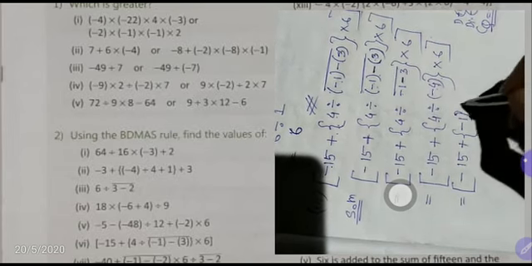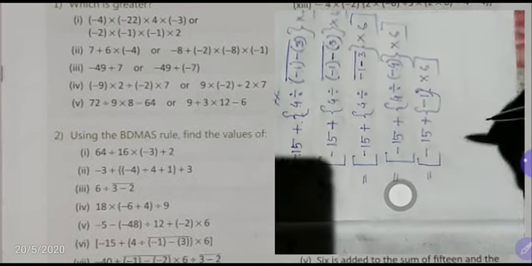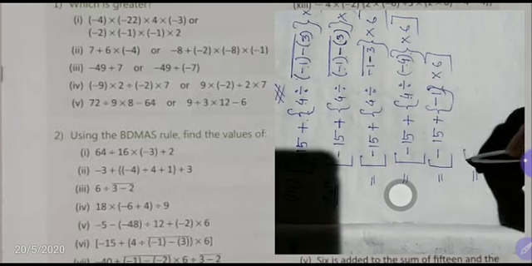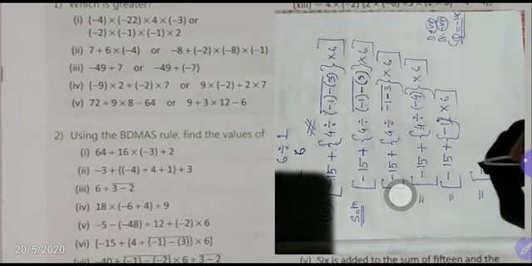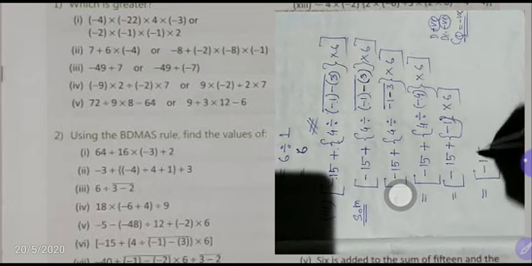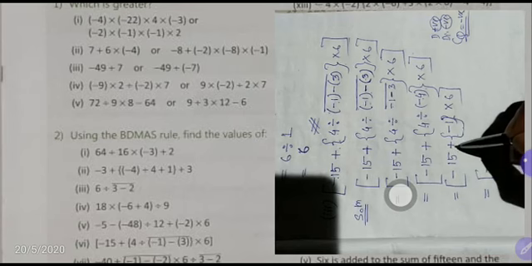Minus 1 into 6. So next you see here, the bracket starts, minus 15. Now we'll remove this bracket. Before the bracket what sign is there? A positive sign is there.